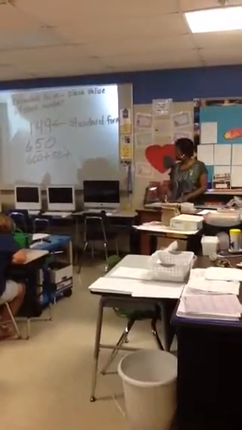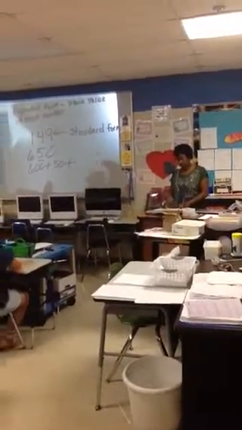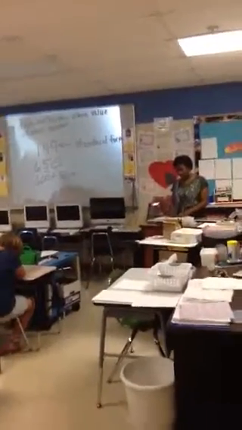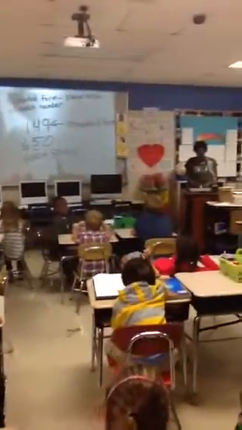Okay, what goes at the end? In expanded form, what are we missing? The very last number. 0. It's 0 what? You said this one's in the tens and this one's in the hundreds. So what are we missing?